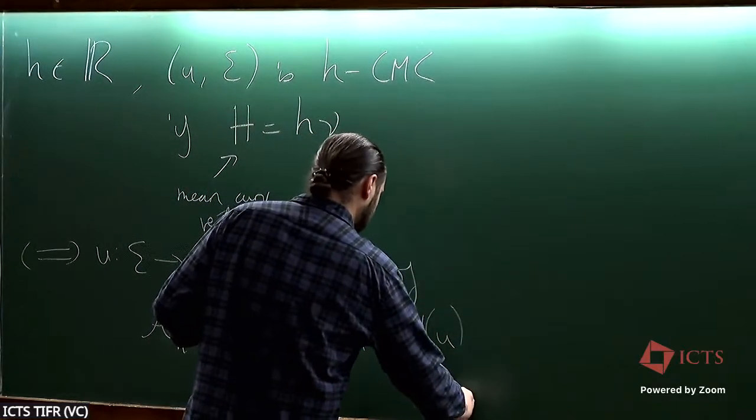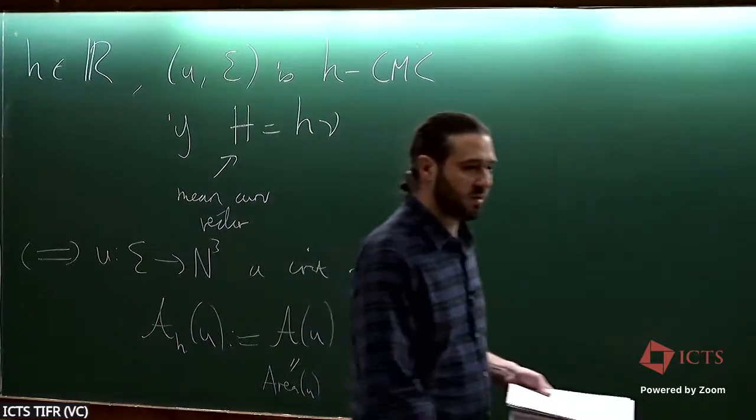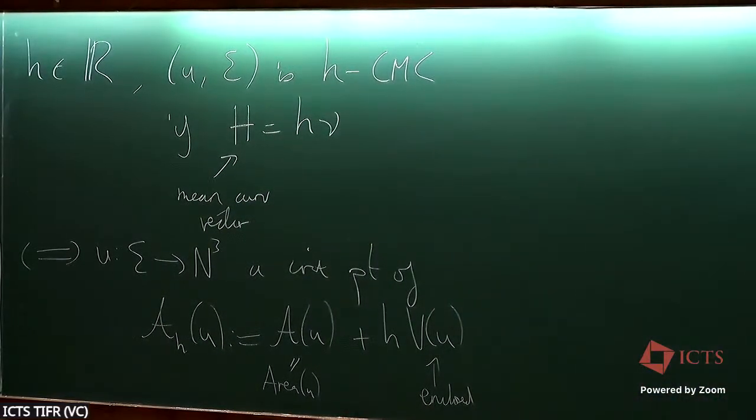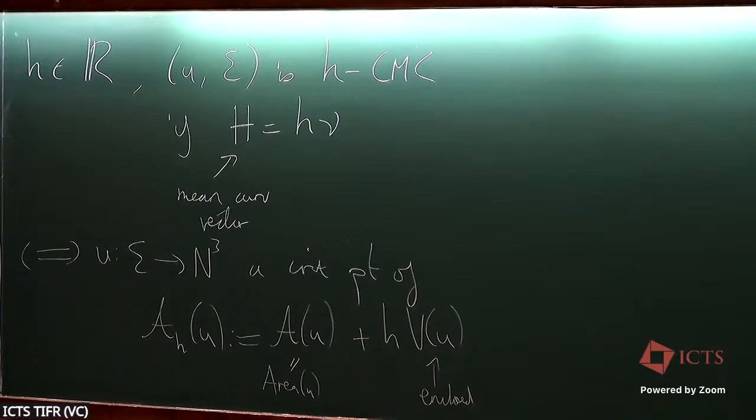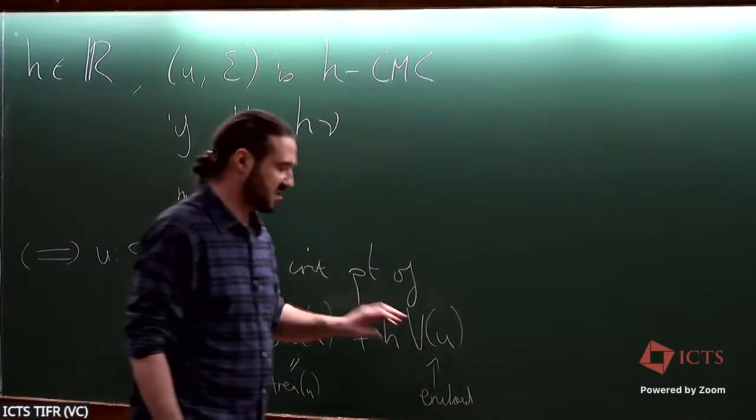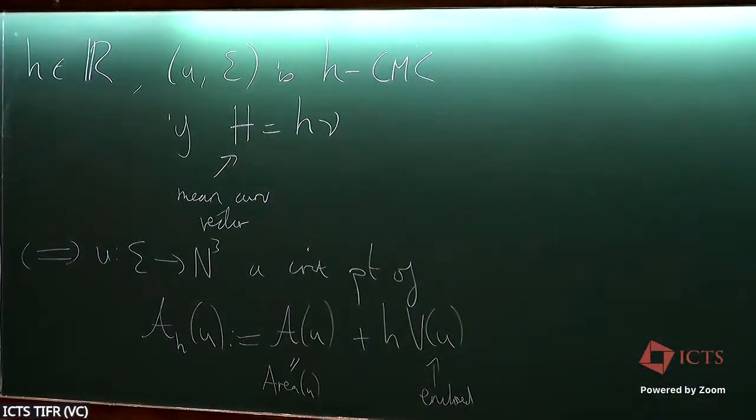Now, in general, there is no global formula for enclosed volume, but if you fix a homology class, then you can write one down. So I'm not going to make V explicit, but there is some kind of functional which is defined up to constant and perhaps homology class, which makes sense of enclosed volume.